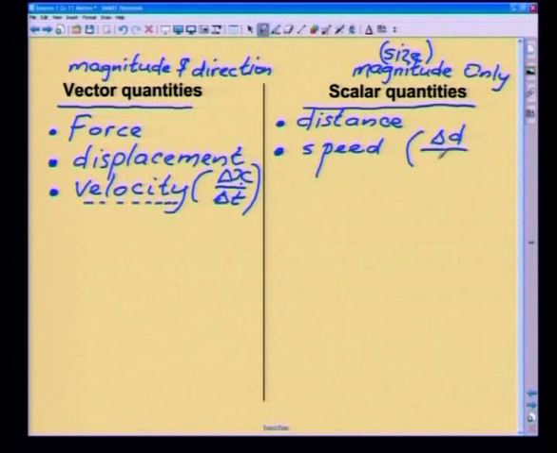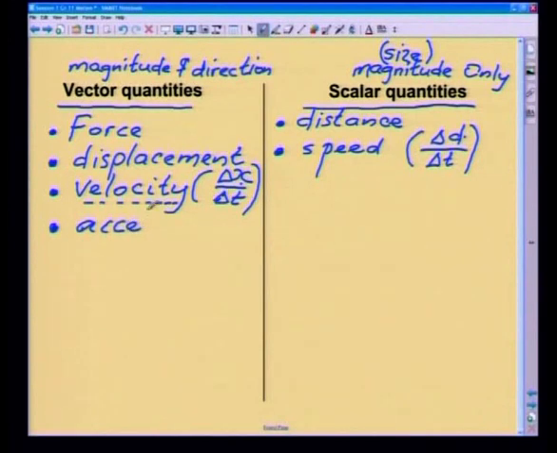It does not have direction, it only has magnitude. In the same way, we defined speed as the rate of change of distance, so it will be delta d divided by delta t. Now, d, distance, is a scalar quantity divided by time. Time doesn't have any effect in changing the nature of that quantity up there, which is distance, and therefore this remains a scalar quantity, right?